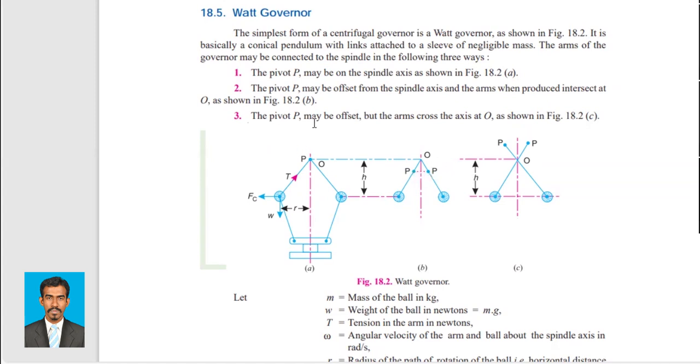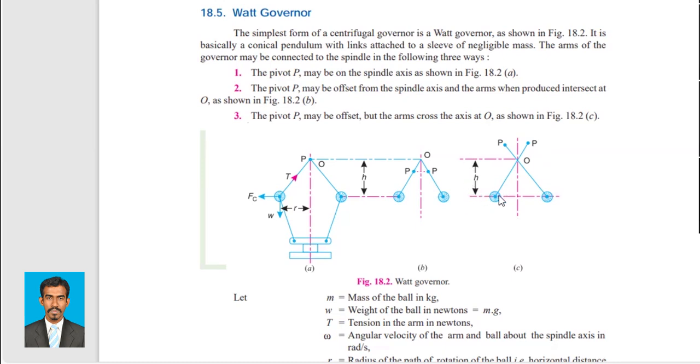In the third way, the pivot P may be offset, but the arms cross the axis at O. Or the pivots may be somewhere here and here. This is also possible, but the cross point is O. So you see here, every time the intersection of the pivot with the axis is taken into account while calculating the height h.